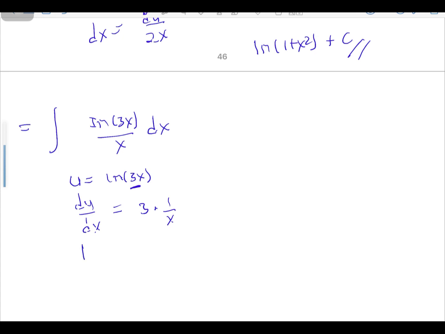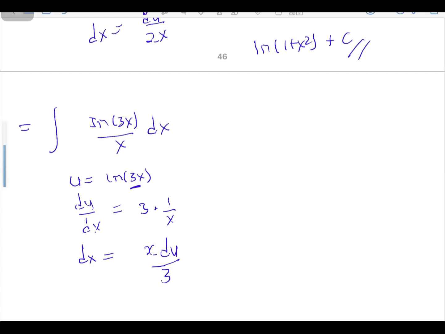So getting 1 over x, you can make dx the subject. We are making dx the subject, so x du over 3.